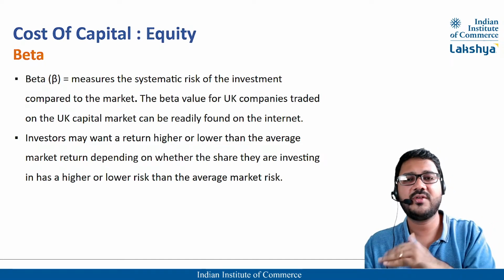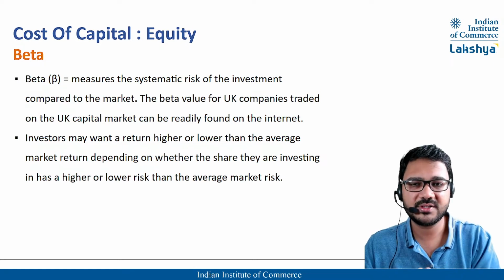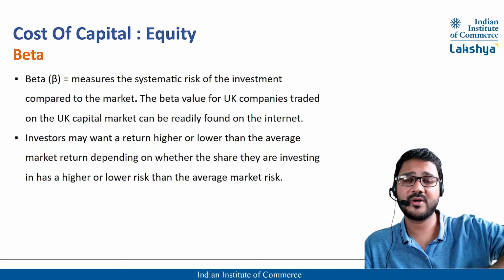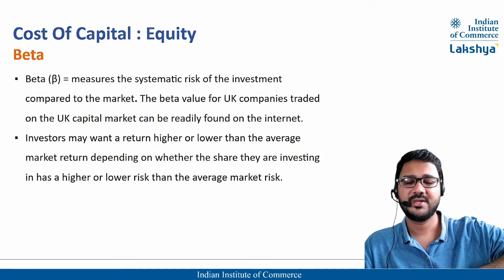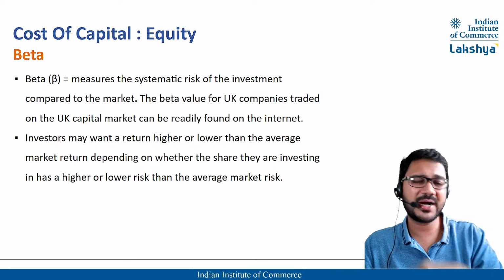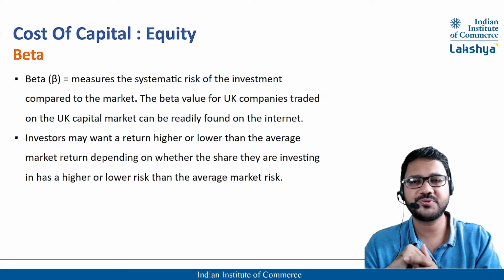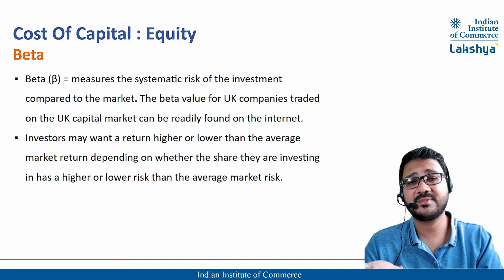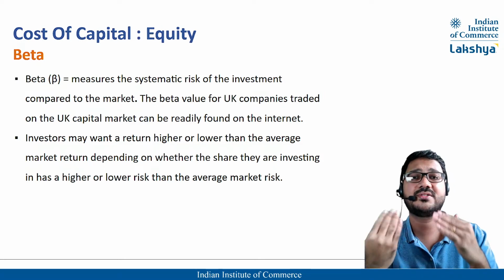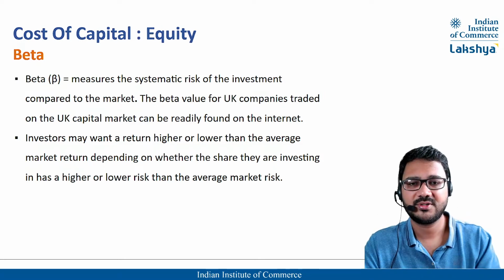Now if you are investing in, say, Unilever, the risk is below market risk. Whereas if you are investing in Barclays, it is almost market risk, just 1.2. If you're investing in Tesla, high risk, 2 times.